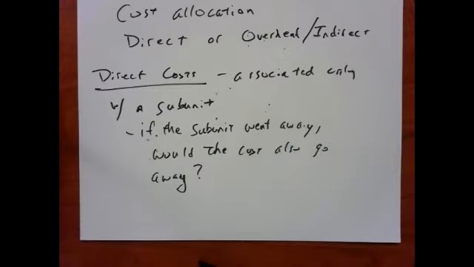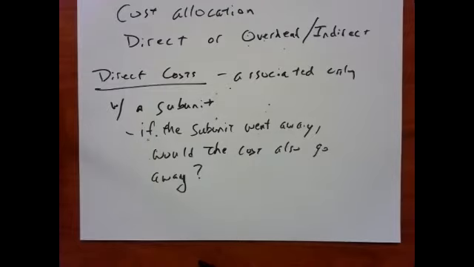If the laboratory went away, would the organization still have reagents as a cost? No, because you wouldn't have any equipment, you wouldn't have somebody to run a test. So you wouldn't have reagents. If the lab went away, the cost of the testing machines would go away. The cost of the reagents would go away. So those are examples of direct costs.